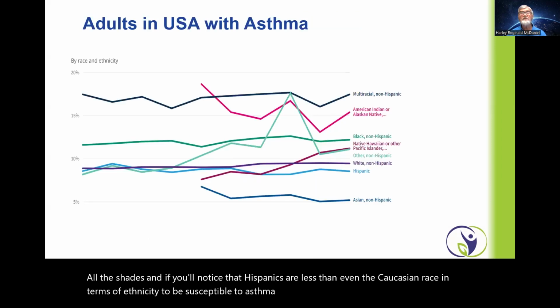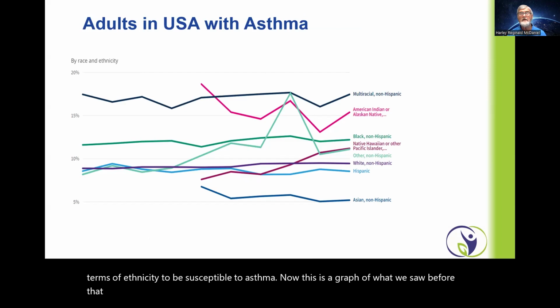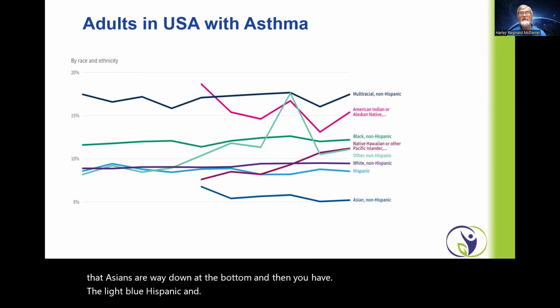Now, this is a graph of what we saw before, that Asians are way down at the bottom, and then you have the light blue Hispanic, and we have a black line there for white. Then it's increased in the Hawaiians.